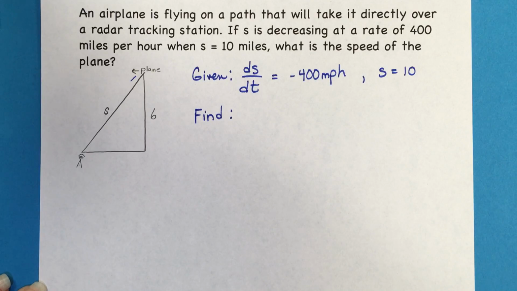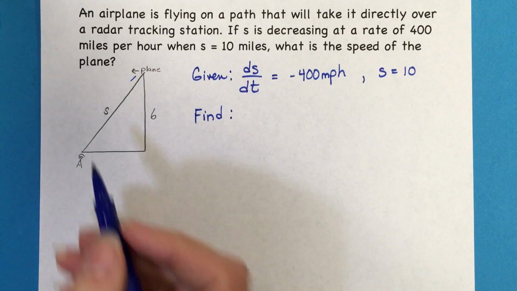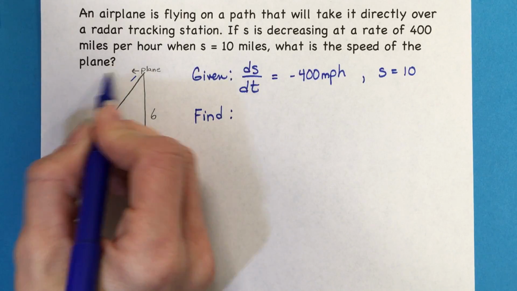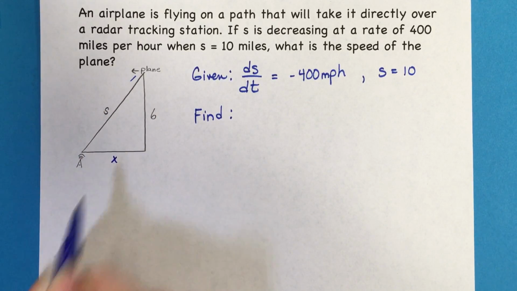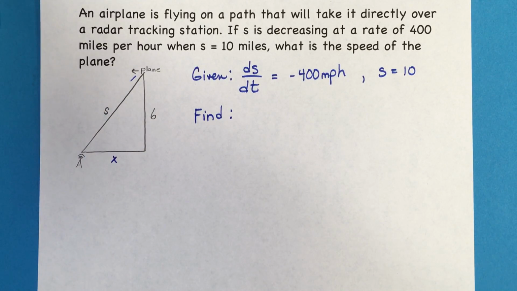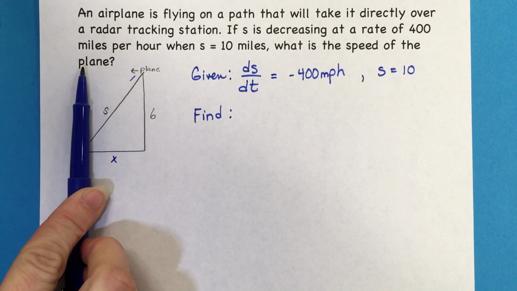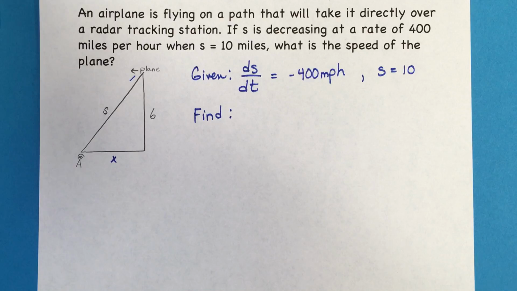So using the picture we already have drawn in the right triangle, instead of coming up here and labeling this as being the same as this down here, I'm going to label this as being my X, because as it moves from here to here, that's what's going to represent that speed.